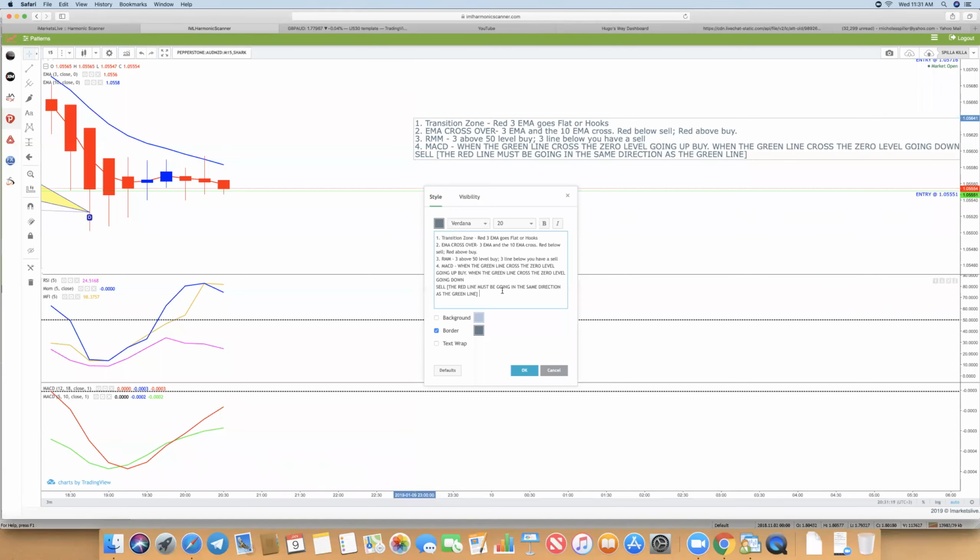All right. Number 5. You have to have a flat bottom candle for a buy, flat top candle for a sell, on entry.